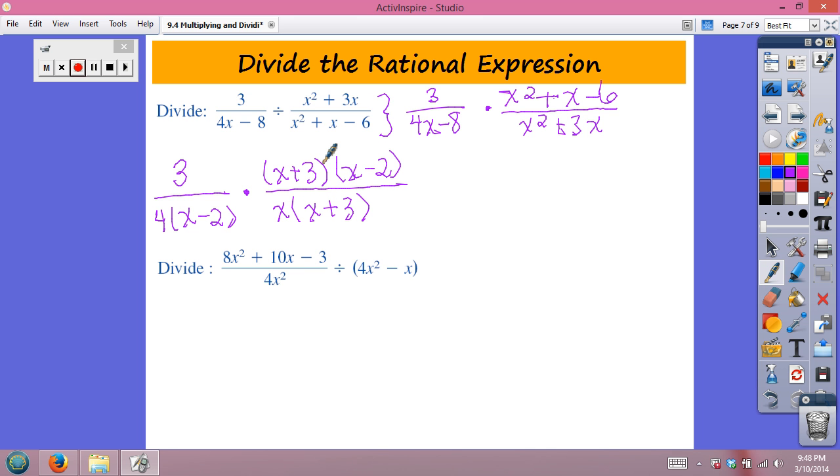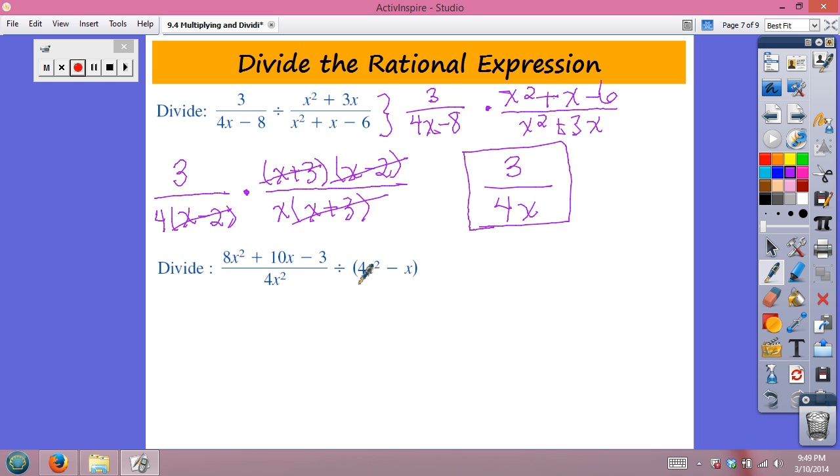So if we factor now, we can take out the x minus 2's and the x plus 3's, and we are just left with 3 over 4x. Dividing, very similar to multiplying, just don't forget to flip and multiply by the reciprocal.